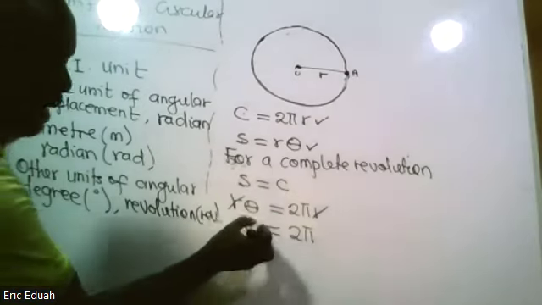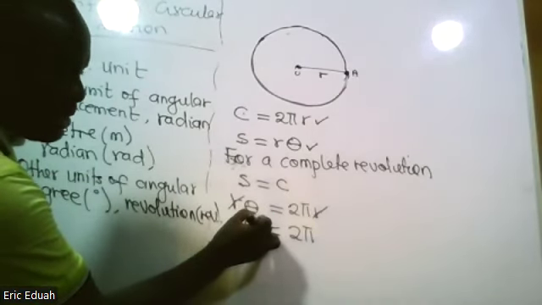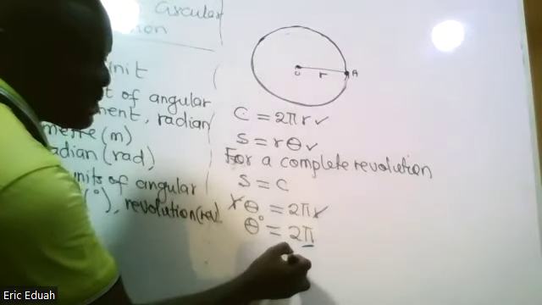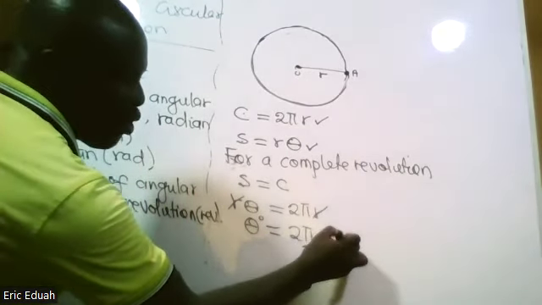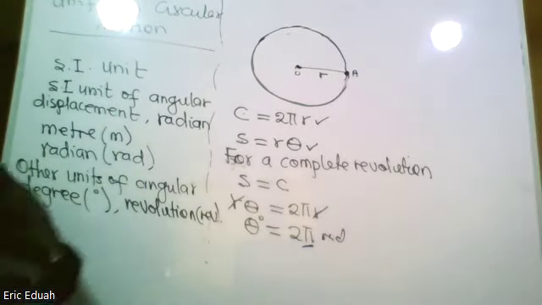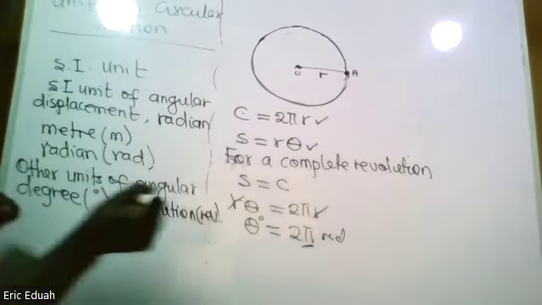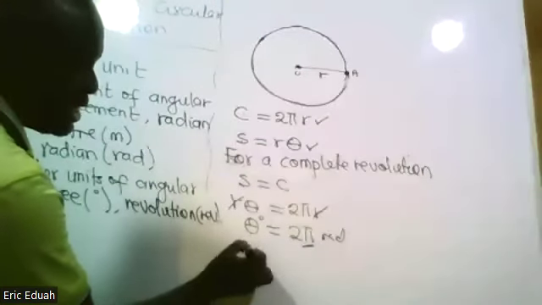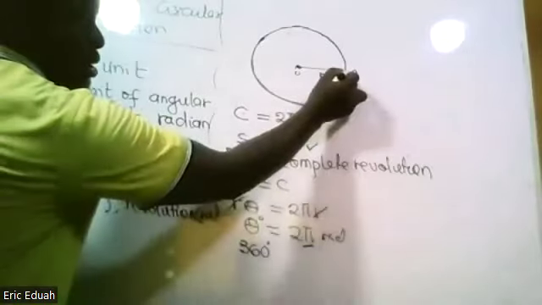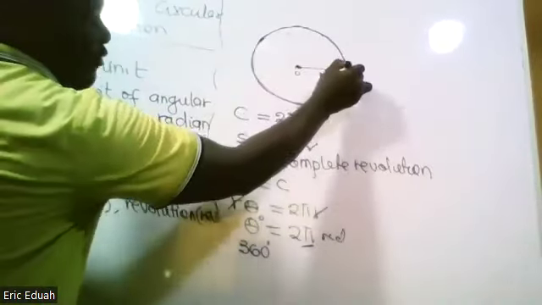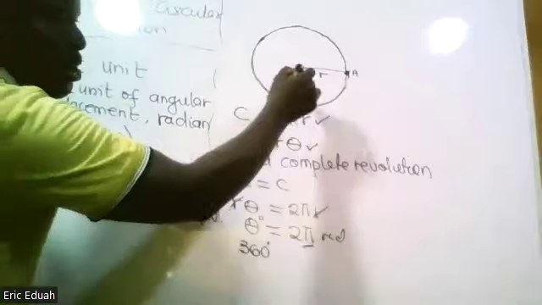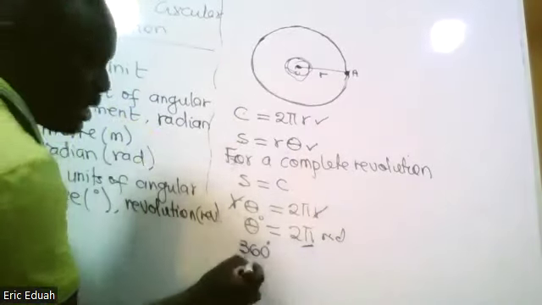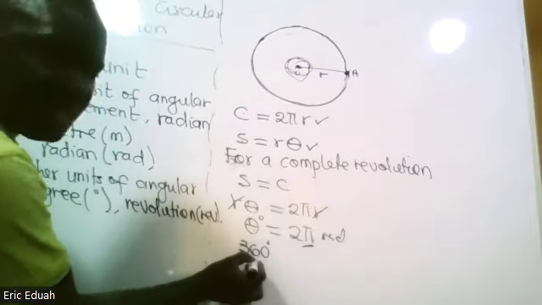Now this theta is angular measurement in degree, and this is angular measurement in radian. So when a body makes a complete revolution, starting from A and ending at A, the angle described at the center, the angular displacement, is equal to 360 degrees.